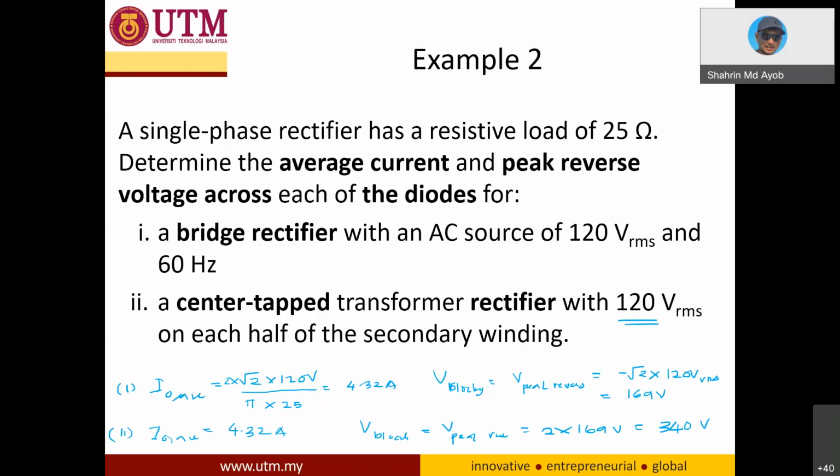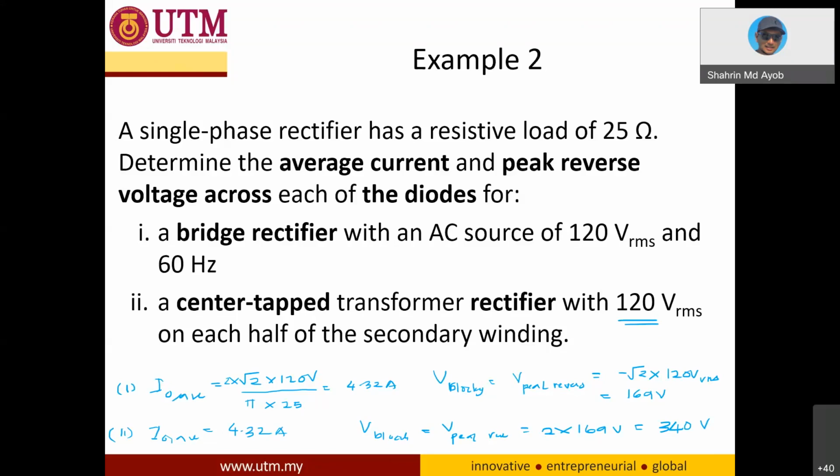And whether to choose center tap or bridge rectifier, which one you want to choose depends on the application, because in design there is no wrong and there is no correct design. Okay, it's up to the engineer's decision.